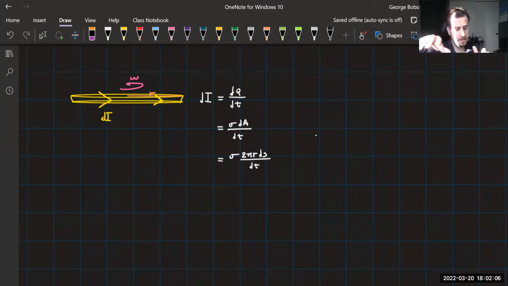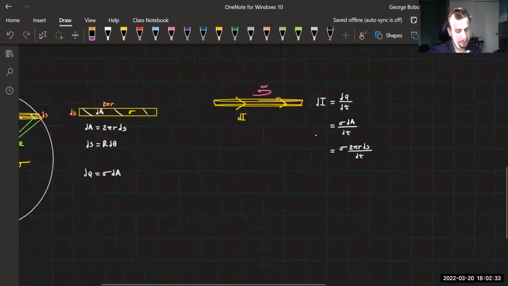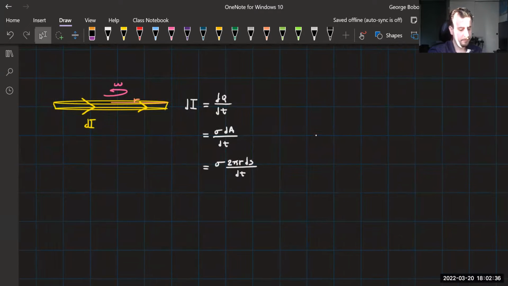Where am I going to shove in omega over here? It's a little bit harder if you use this formula here. I'm thinking of a way to show it to you so that it's bright as day where omega is going to go. I think you can see it if I don't plug in ds, but rather if I truly consider this to be a ring.